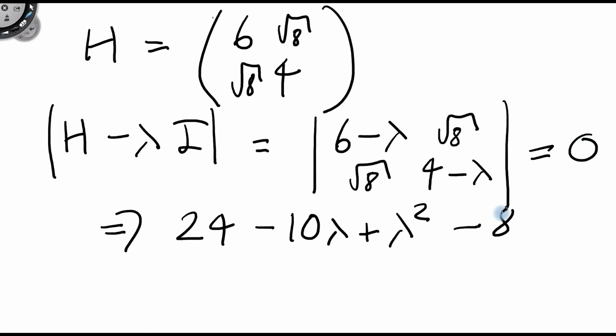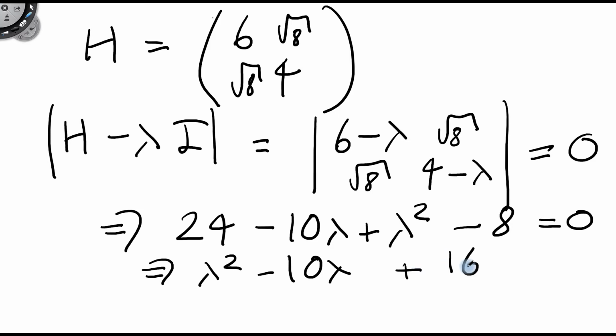And minus 8 equals 0, which implies that lambda squared plus 10 lambda plus 16 is 0. And I've made this easy with factorizable.